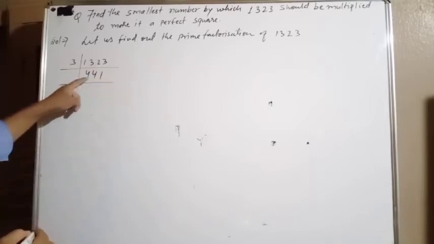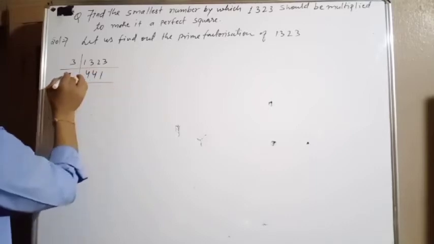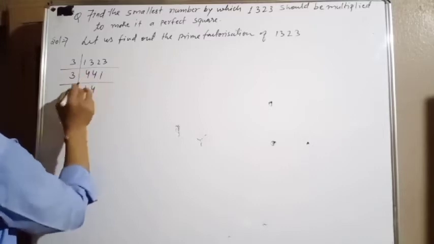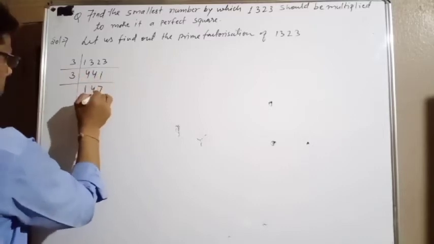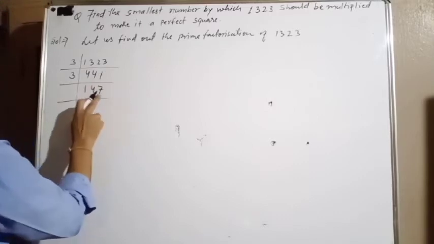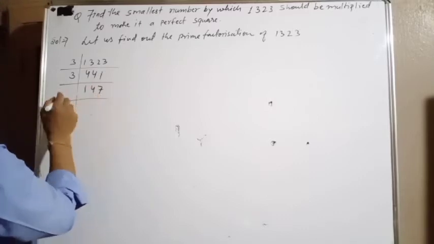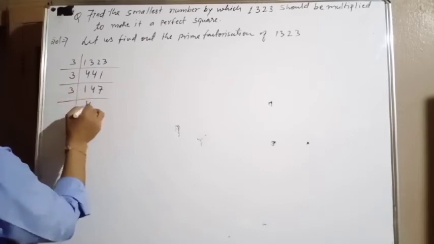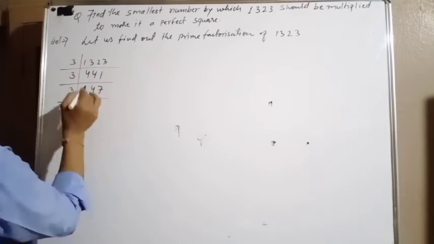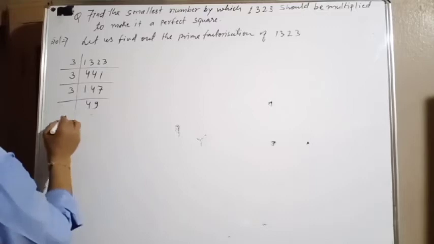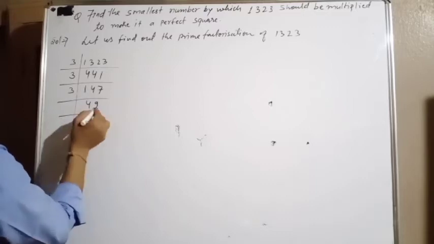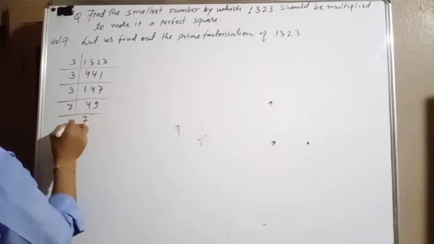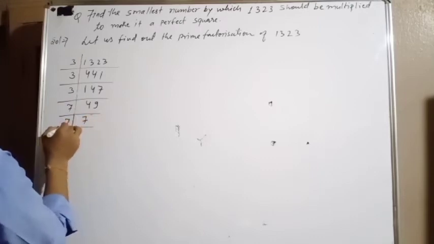Now again this number should be divided by 3. 3 1s are 3, 3 4s are 12, 3 7s are 21. Again this number can be divided by 3. 3 4s are 12, and 3 9s are 27. Now 49 is the square of 7, so we can divide directly by 7. 7 7s are 49, 7 1s are 7.